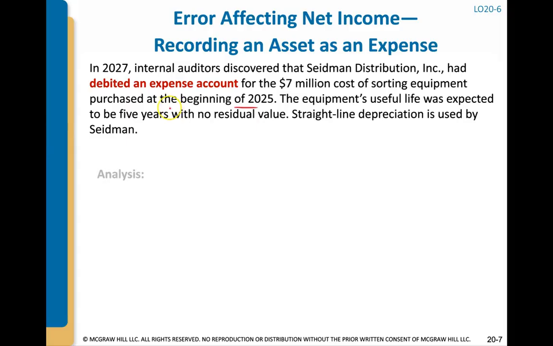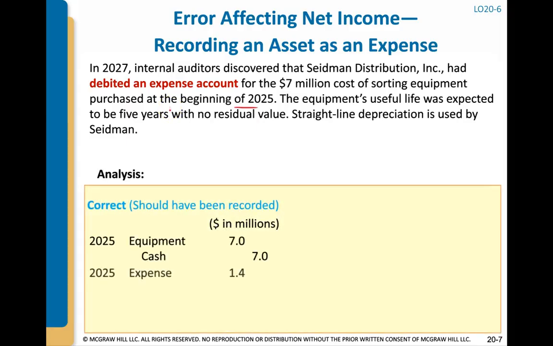They acquired a piece of equipment for $7 million in 2025, okay? And in 2027, they discovered an error that they had expensed that full $7 million in 2025 when they acquired it. But let's just see what should have happened.